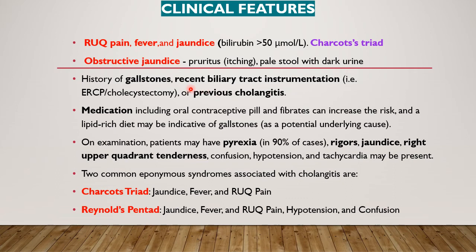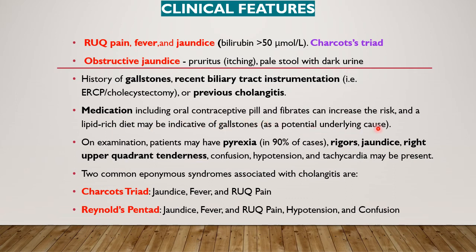Okay, so it's important to get a history of gallstones, recent biliary tract instrumentations or biliary operations, and previous cholangitis. Medications including oral contraceptive pills and fibrates can increase the risk, and a lipid-rich diet may be indicative of gallstones as a potential underlying cause.